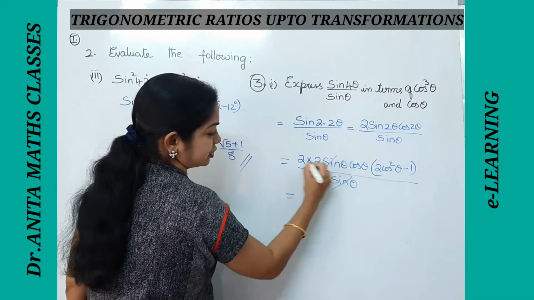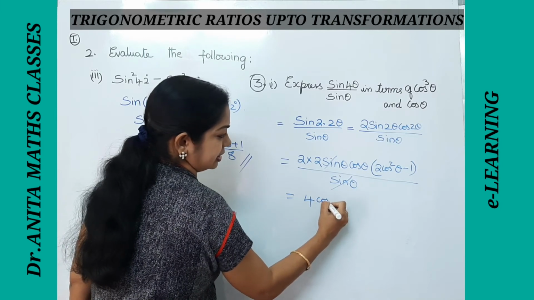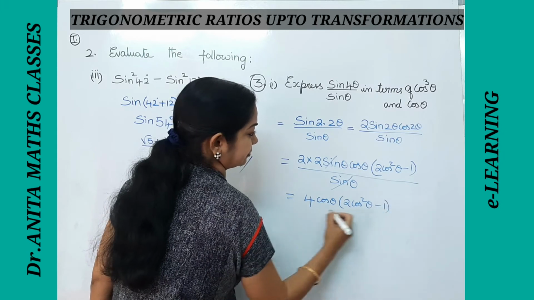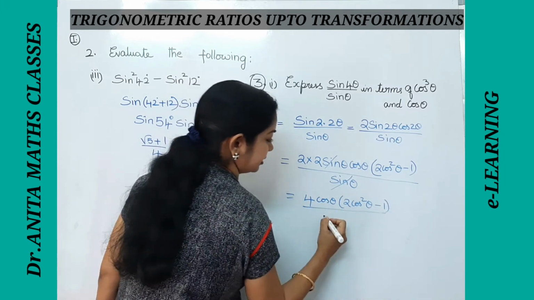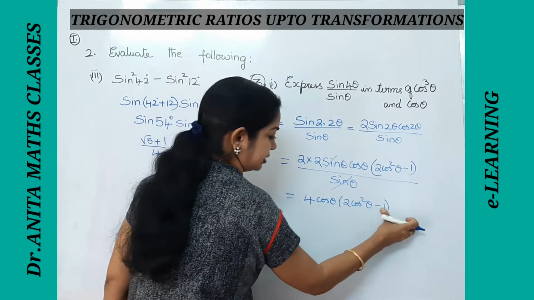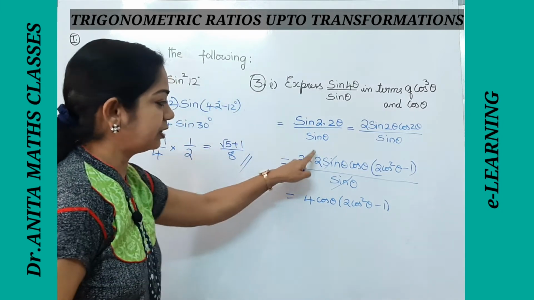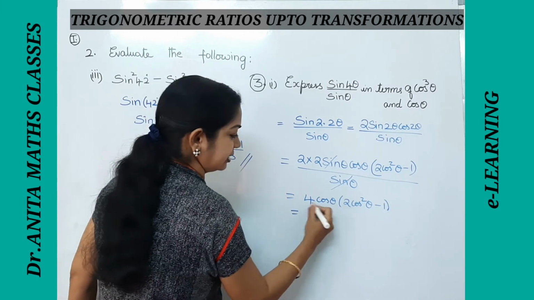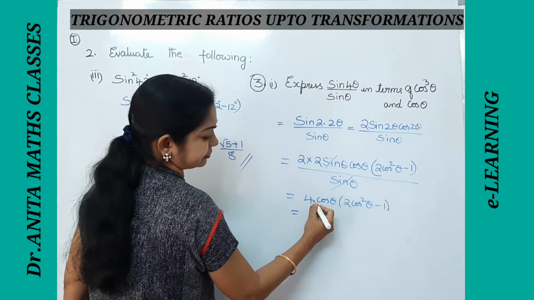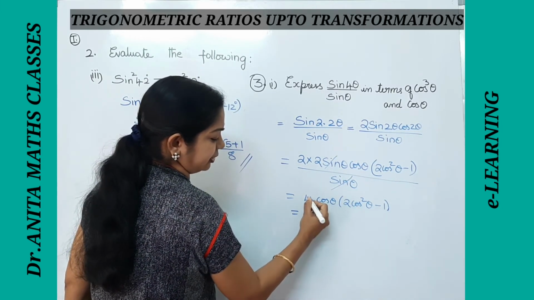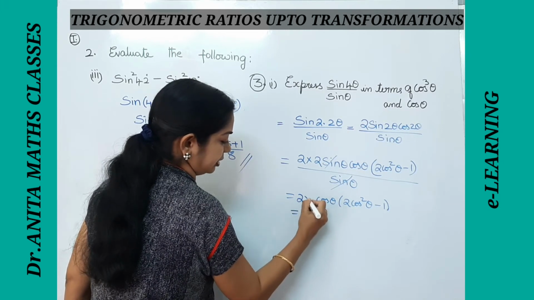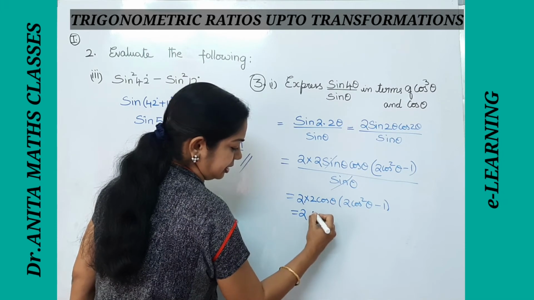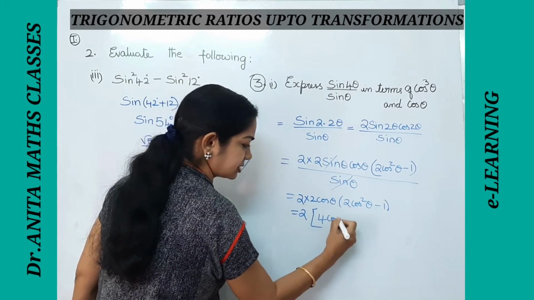So here comes to 4 cos theta, 2 cos square theta minus 1, divided by, there is nothing there in the denominator part. So 4 cos theta into 2 cos square theta minus 1. Now again we can write it as, just shift only 2, let us take 2 into 2 only. 2, keep it as it is. 2, if you multiply it here, it comes to 4 cos cube theta.